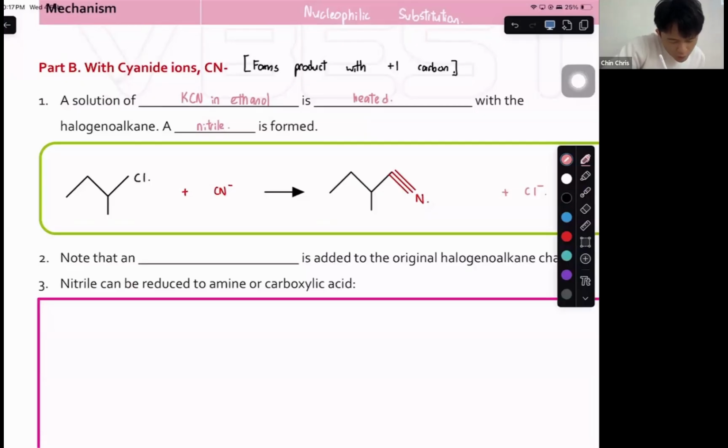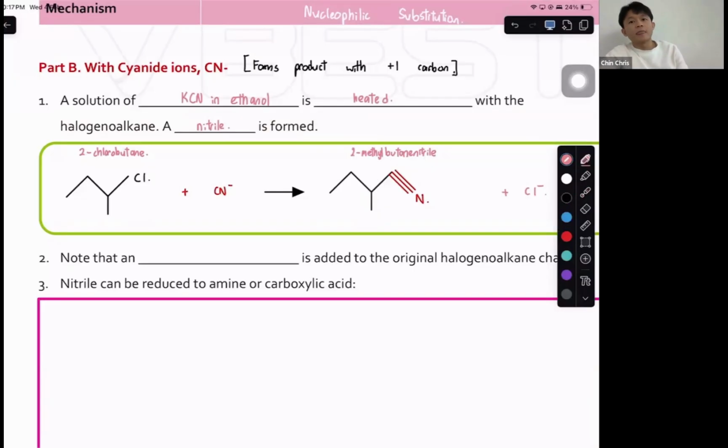And this one is a 2-chlorobutane, which turns into a butane nitrile, with a methyl group in the second position, 2-methylbutanenitrile.